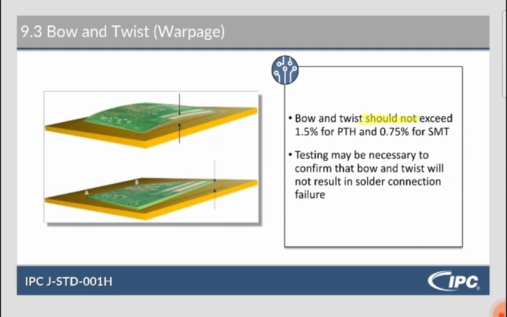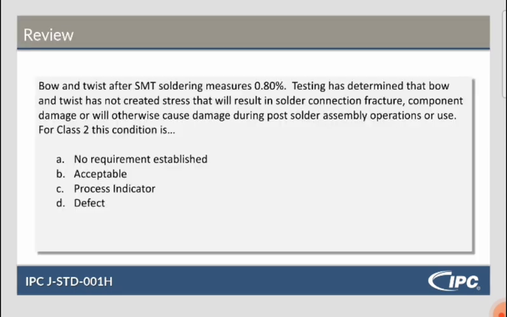It's at 0.8, but remember, it's a shall not. The bow and twist does not create a stress. So that is in section 9.3. And that would be considered acceptable because it's a should not, not a shall not.